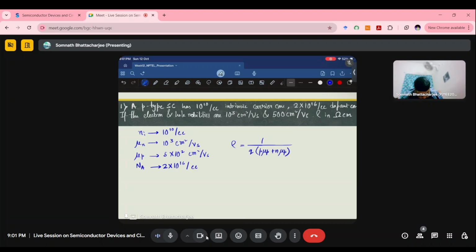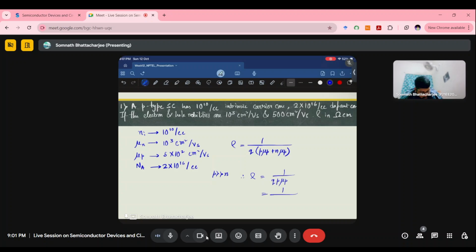Do we have anything more from this? I don't think we have anything more. So for this case, we can say that p is much greater than n. Based on that, rho can be written as 1 by Q p mu p.